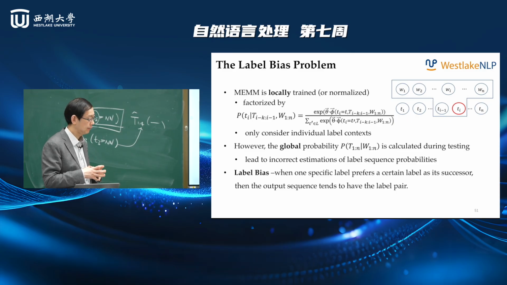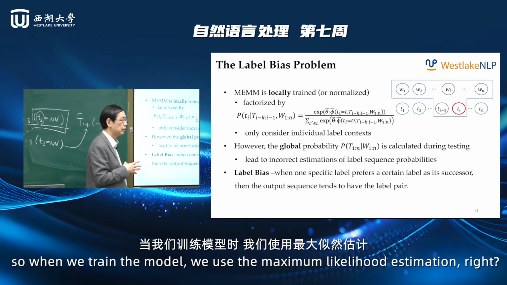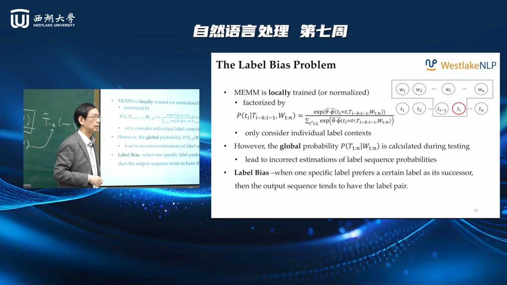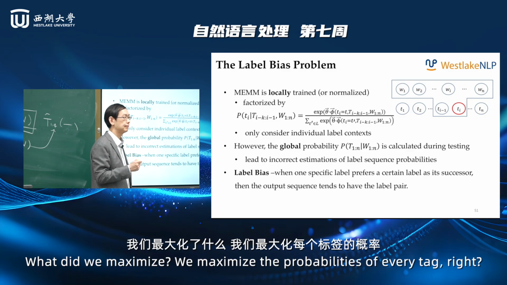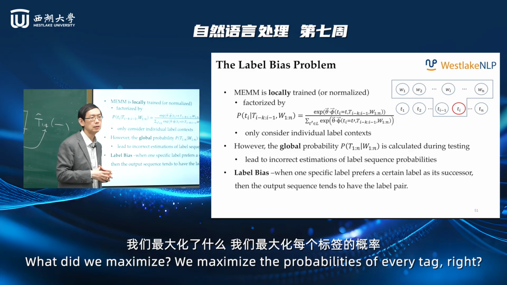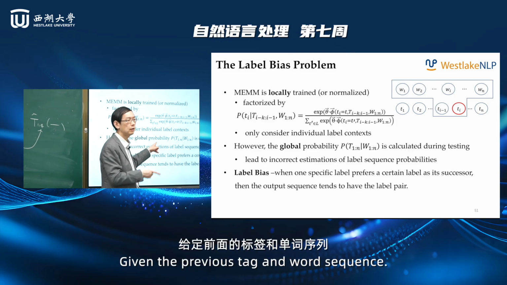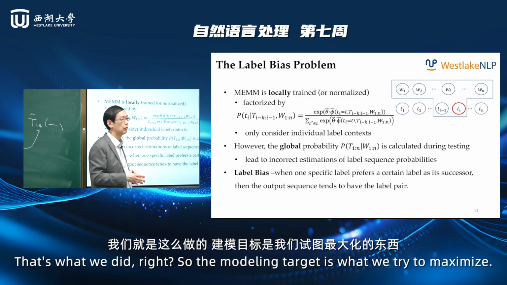What do I mean? When we train the model, we use maximum likelihood estimation, right? What did we maximize? We maximize the probability of every tag, given the previous tag and the word sequence. That's what we did, right? So the modeling target is what we try to maximize.